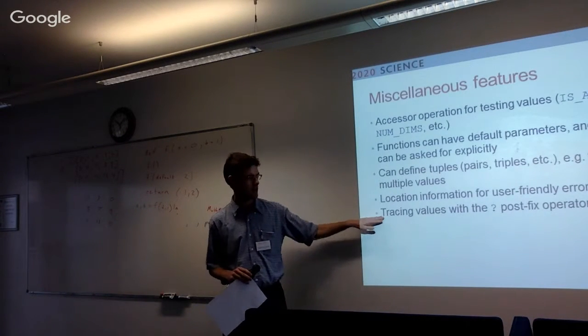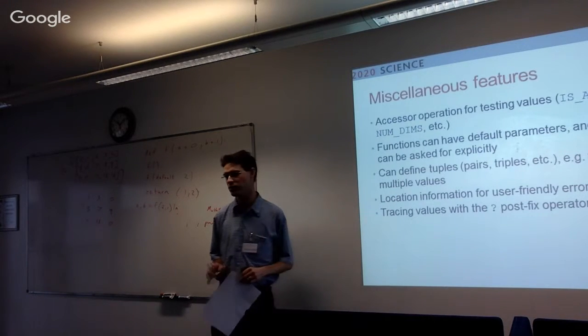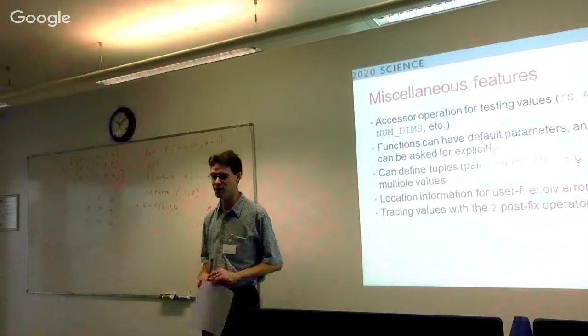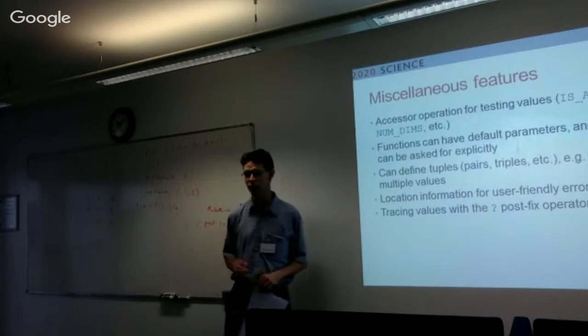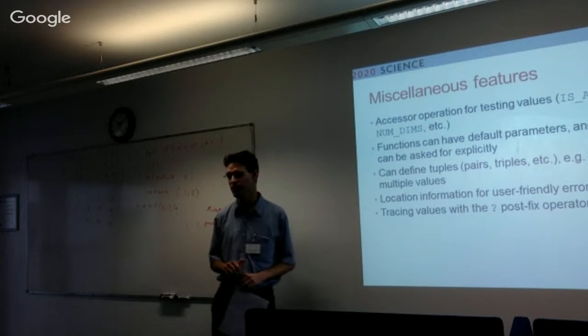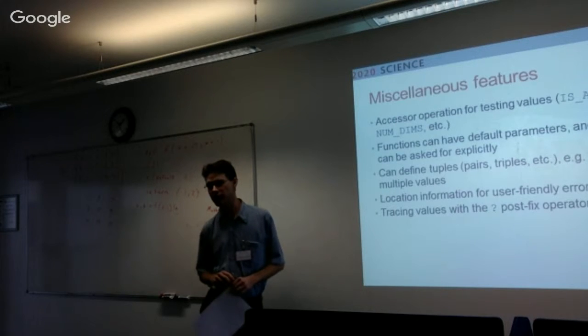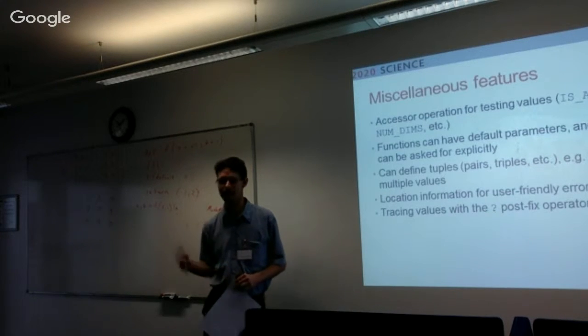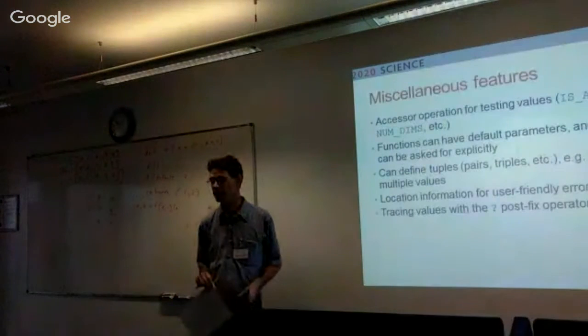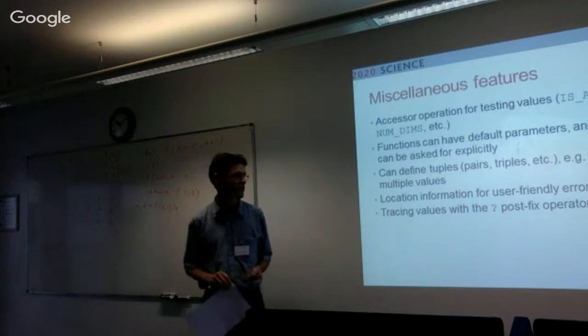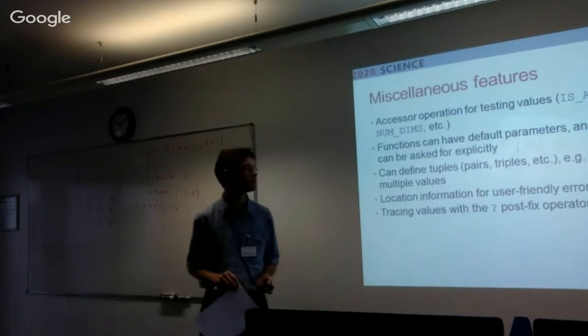And you can also trace particular values, so you can stick a question mark on the end of any variable in any expression, and you'll get output a synopsis of that variable, and in a separate trace.txt file, you'll get the full value of that variable output as the post-processing goes through, which gives you another way of figuring out what's happening exactly in your post-processing operations to figure out what you should be doing to get the results that you want.